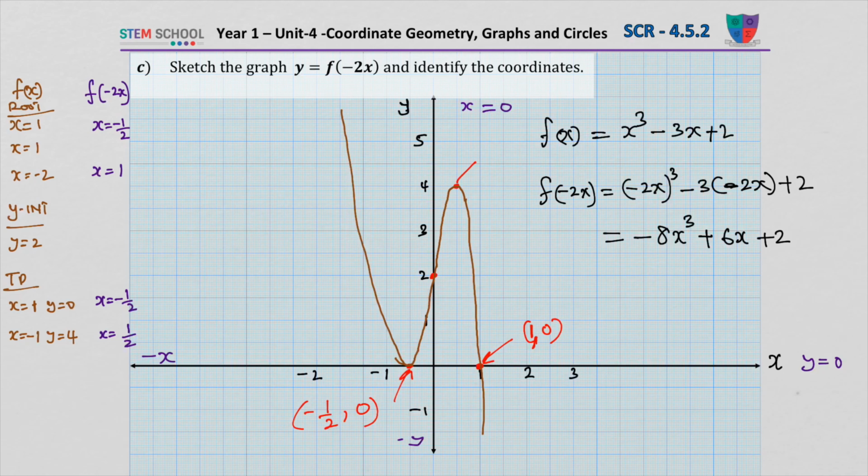The coordinate here at the turning point will be x equals a half, 4, and here the turning point there will be 0, 2. And that's the equation of f of minus 2x.